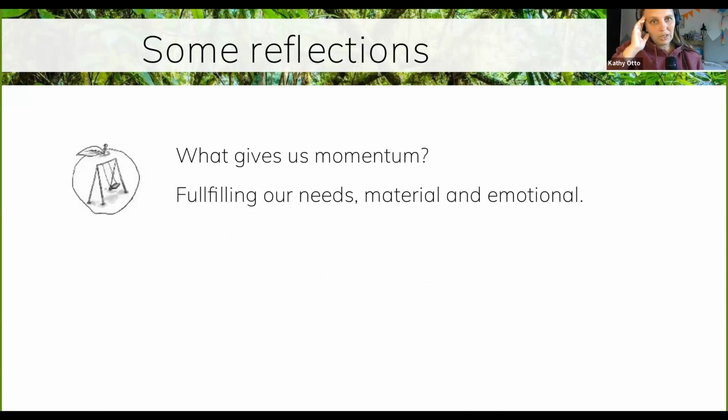So another reflection, which is very important from the design work, is momentum. So what moves us. And if we want a design to work, we have to fulfill our needs. Yes, and we talk here about material and emotional needs. It's really interesting to observe that people, when it's about their job, even if they hate their job, are much more serious than they usually are in voluntary work. Why?